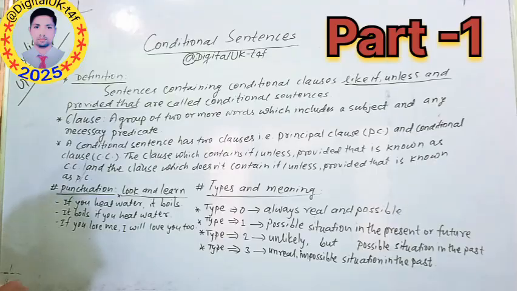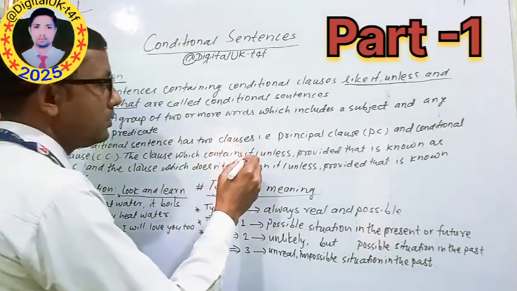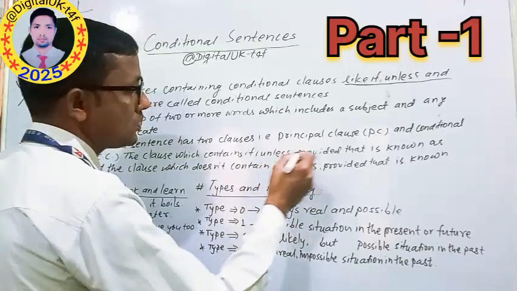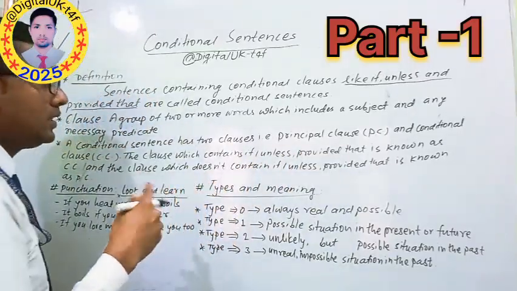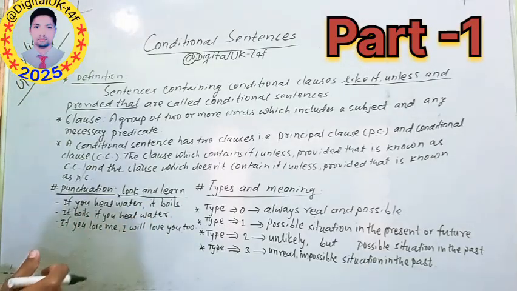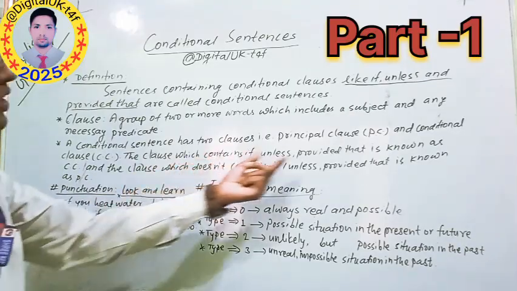Out of your two clauses, the clause where you can see if, unless, or provided that, you should understand that is the conditional clause. It is very easy to know that conditional clause.